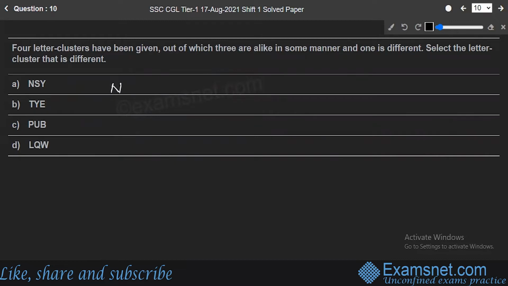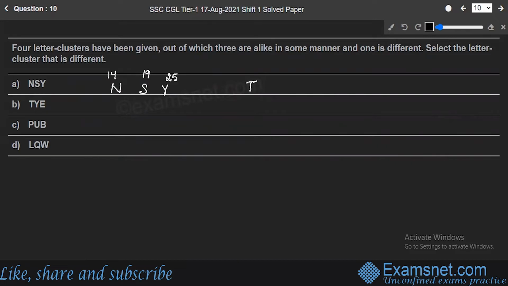First of all, I'll go with NSY. See, if I'm writing down the place values of N, S and Y, the place value of N is 14. For S, it is 19 and Y is at 25.